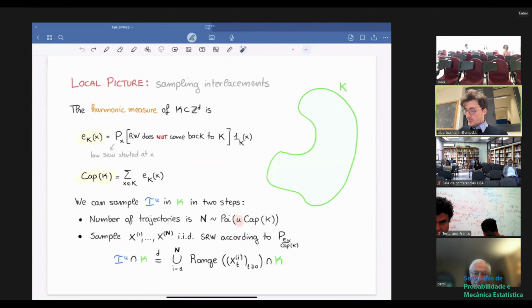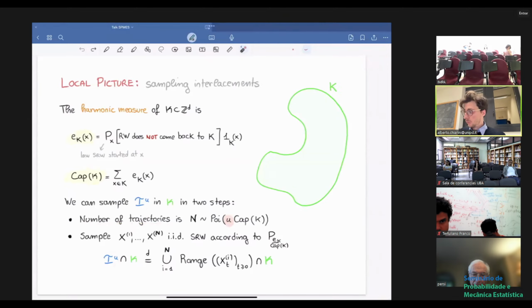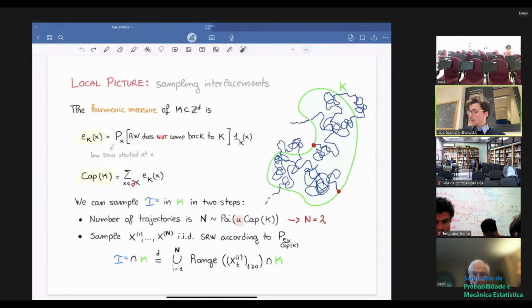And then if I want to know what is the distribution of this random subset of Z^d inside K, this is just the union of these ranges intersected with K. So for example, I sample n equal 2 for my Poisson random variable. Then I start two independent random walks, 1 and 2.